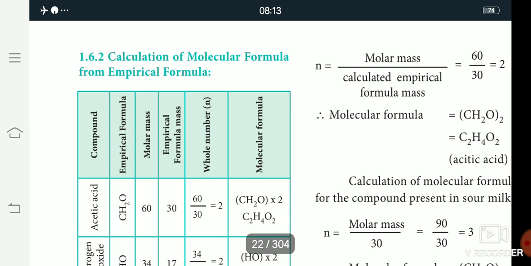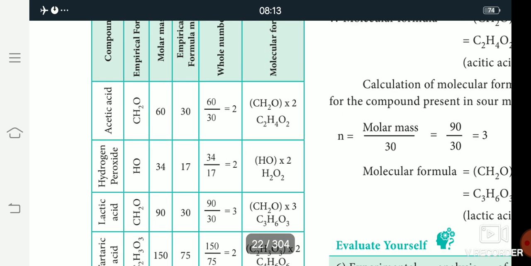The substances are lactic acid, hydrogen peroxide and acetic acid. Acetic acid empirical formula is CH2O. Hydrogen peroxide formula is H2O2, so the empirical formula is HO.